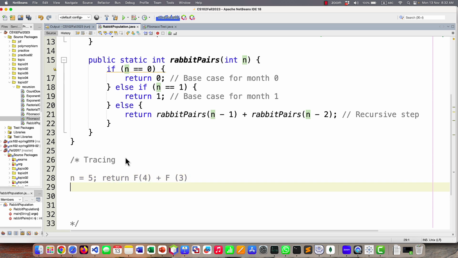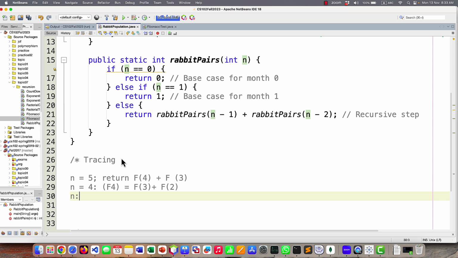So we need to calculate for n equals 4, we need to calculate f4. For f4, it equals f3 plus f2. And we need to calculate for 3 because we also don't know f3.